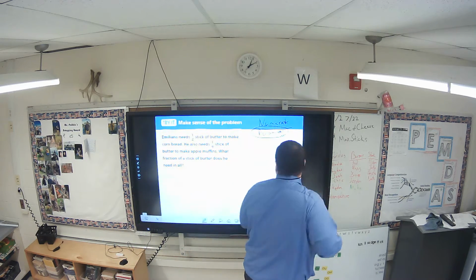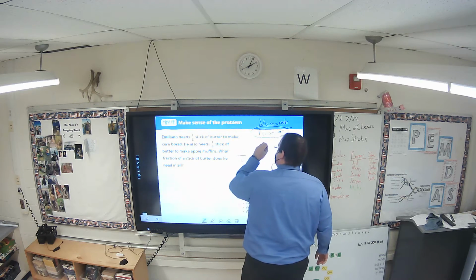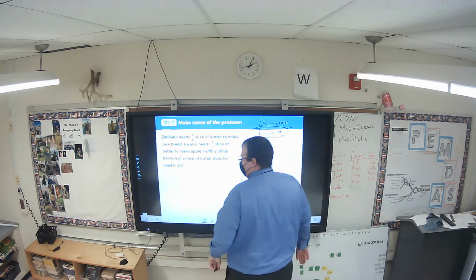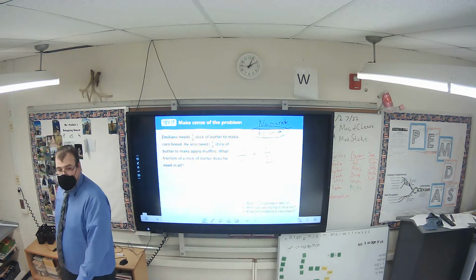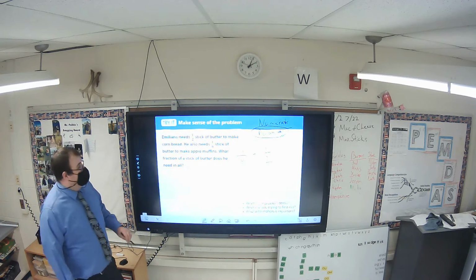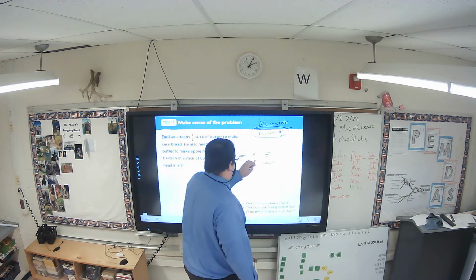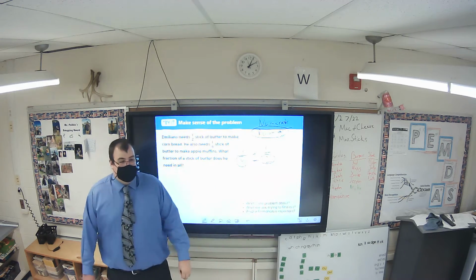They have to be the same. So if I have 1/4 plus 1/2, what two numbers have to be the same? The denominators. The 4 and 2. I gotta make this number the same as this number.